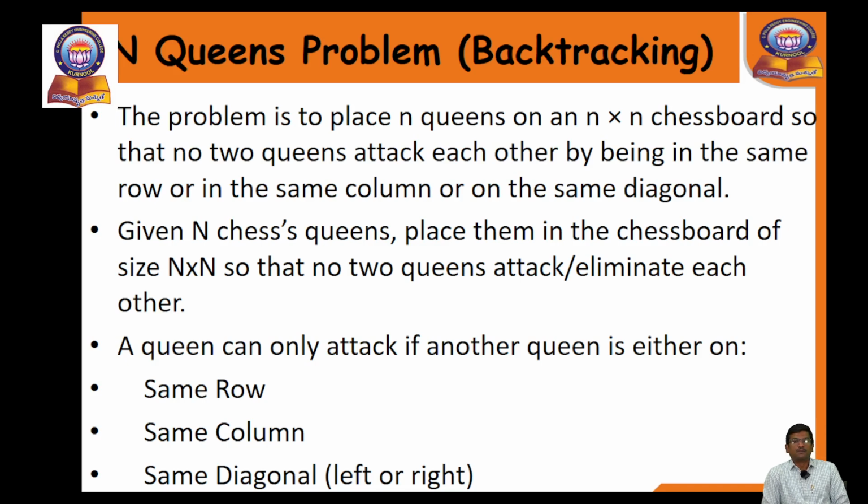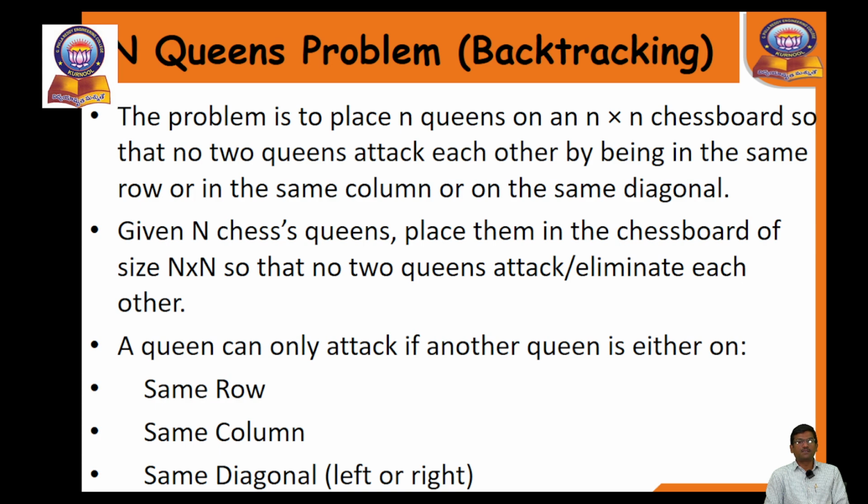And the most classic example to solve using backtracking is the n queens problem. Within the n queens problem, the task is to place n queens on an n by n chessboard so that no two queens attack each other. No two queens are under attack by being in the same row, the same column, or on the same diagonal.